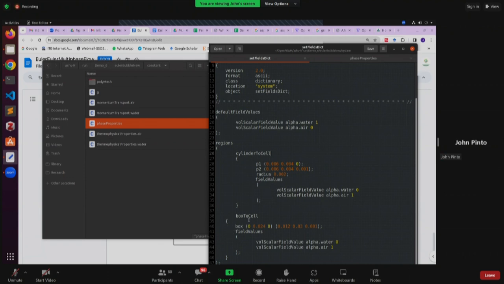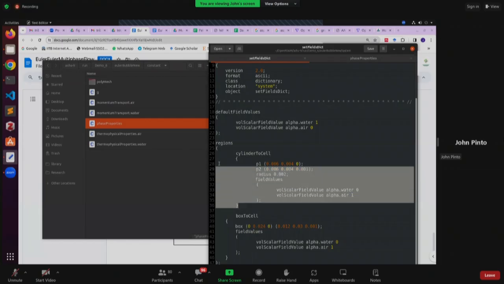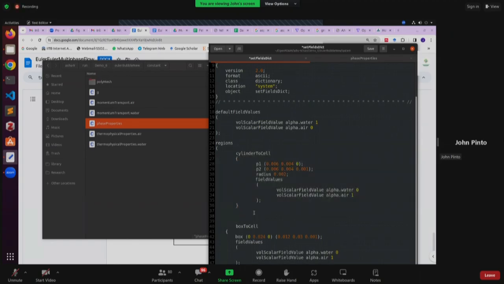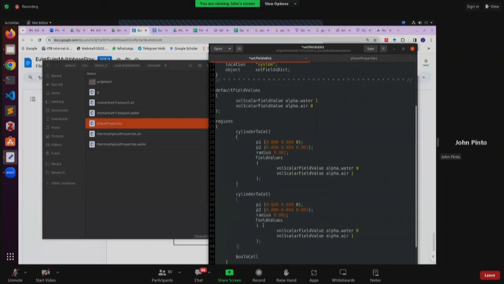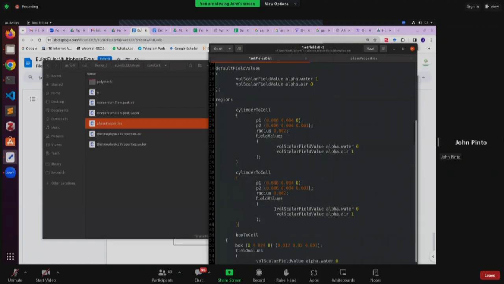So quickly, I will show you what you need to change to do that. This region adds one bubble, so I will copy it and do that again. With this, I'm adding one more bubble, but now I need to edit the location.